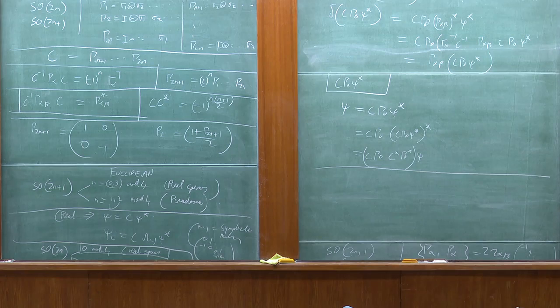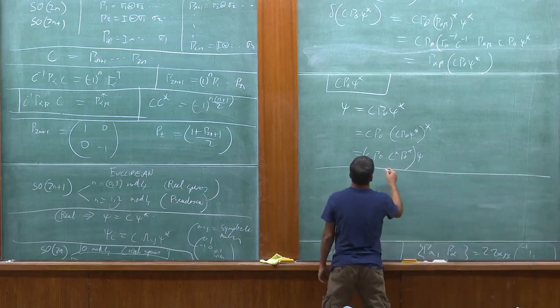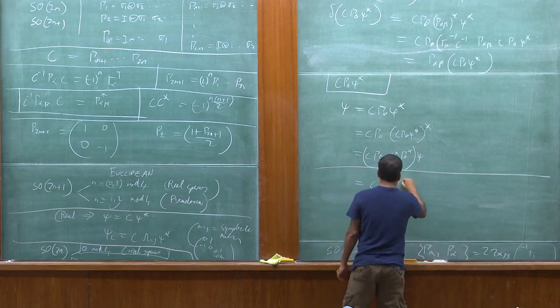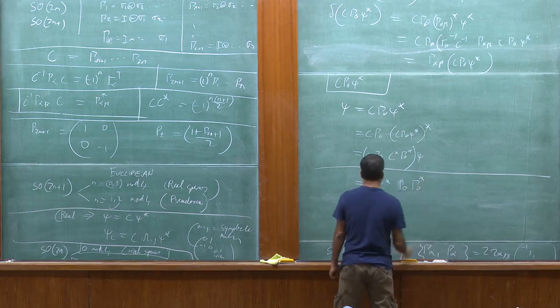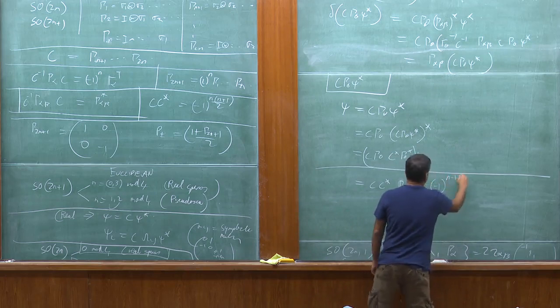So taking it through C star gives a factor of minus 1 to the power n minus 1. Okay, so we get C star times gamma 0 star, times minus 1 to the power n minus 1.